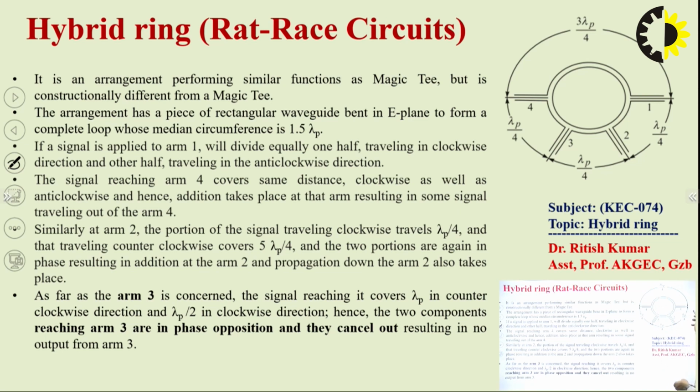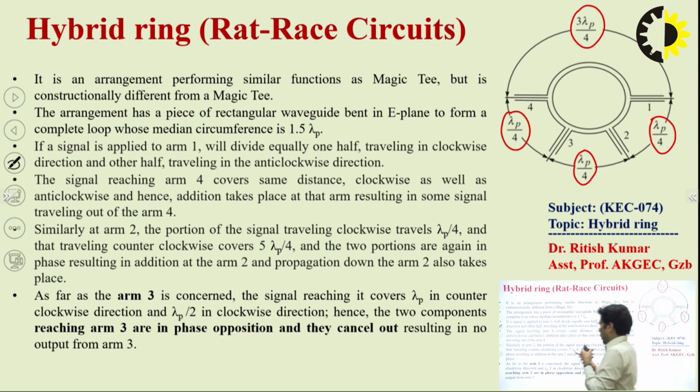Here the spacing between port number 1 and port number 4 is 3 lambda p by 4, while the rest of the ports are kept at a distance of lambda p by 4 respectively. Why do we take this distance lambda p by 4 and 3 lambda p by 4?